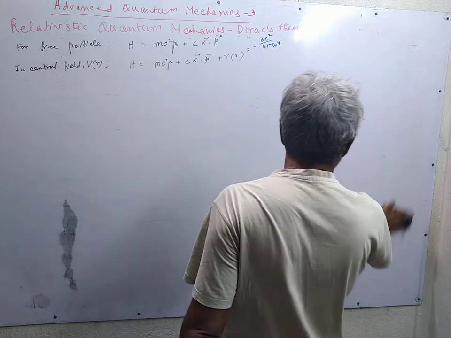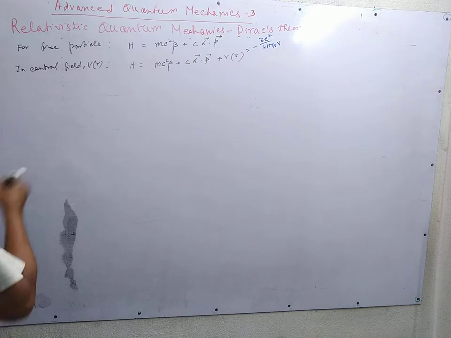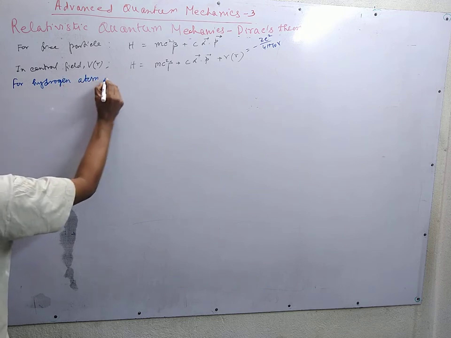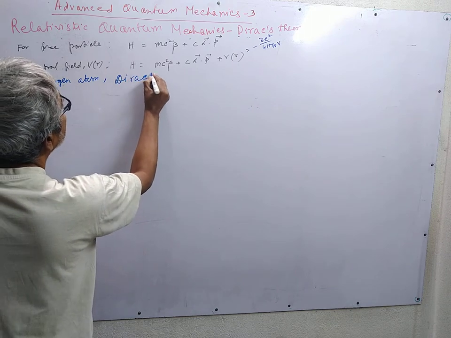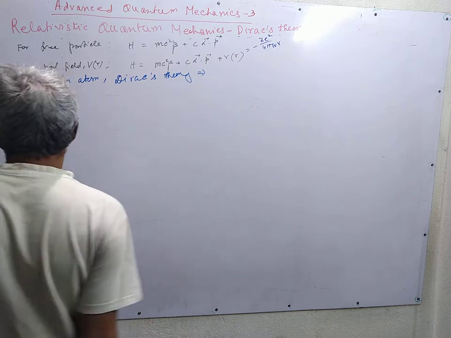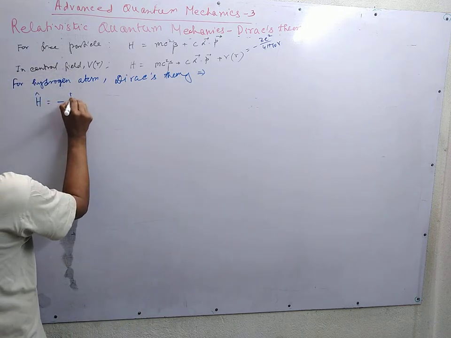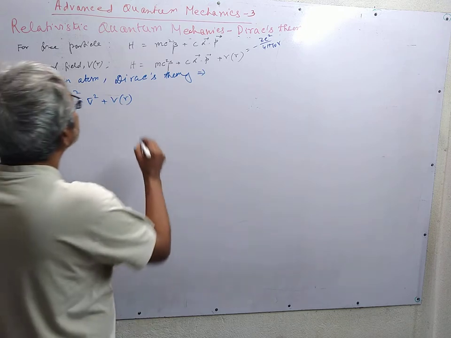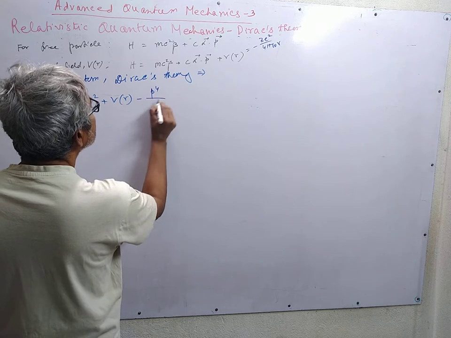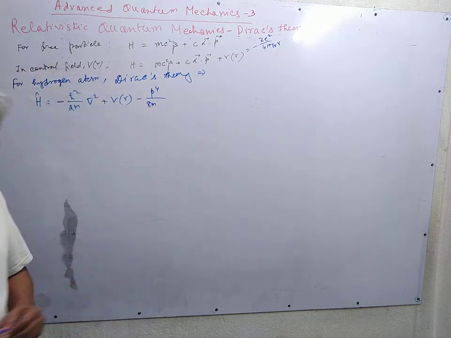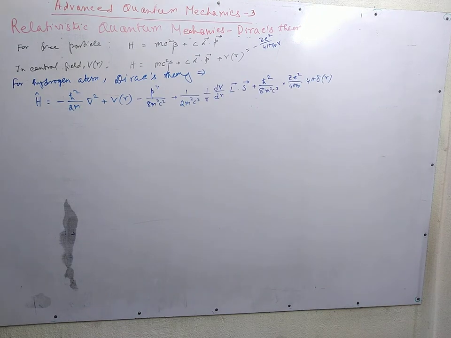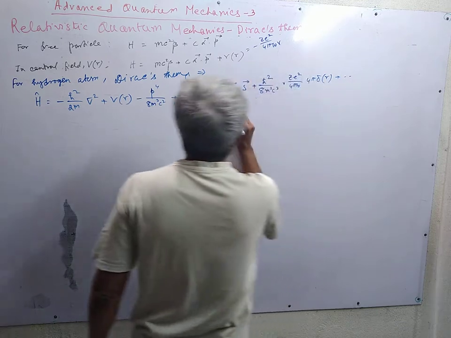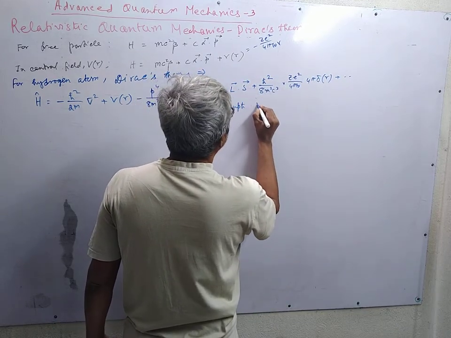It is found that for the hydrogen atom, Dirac's theory gives the Hamiltonian H equal to minus h cross square by 2m, and so on. As per Dirac's theory, the Hamiltonian can be written like this, up to order v by c square.